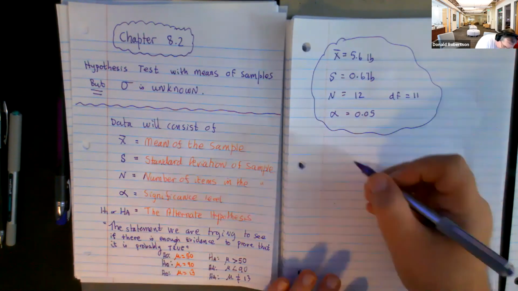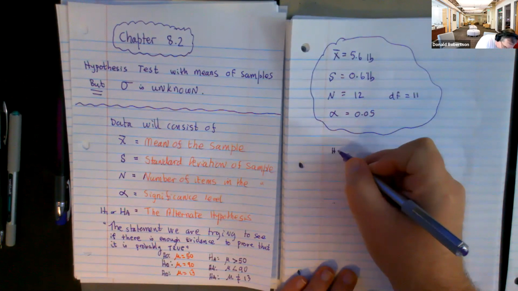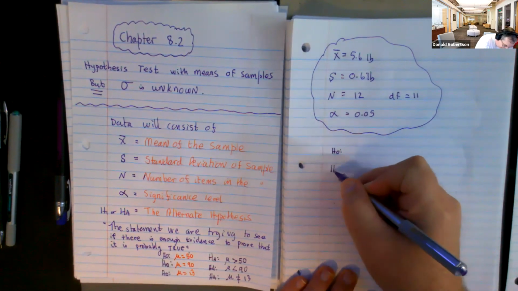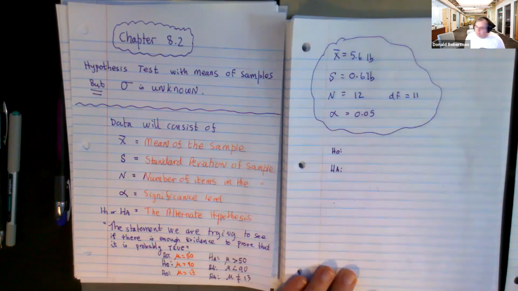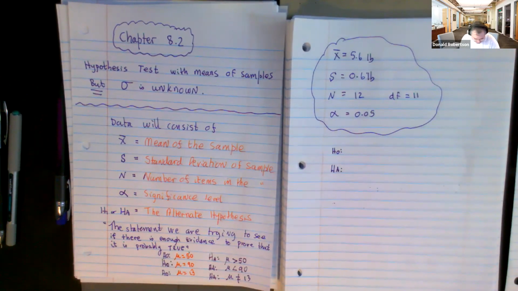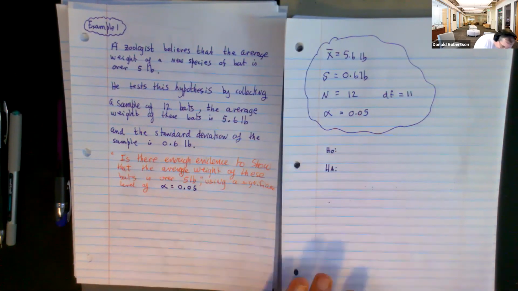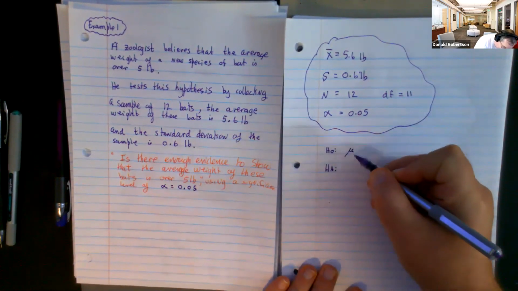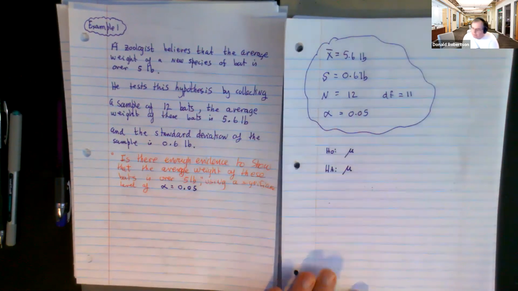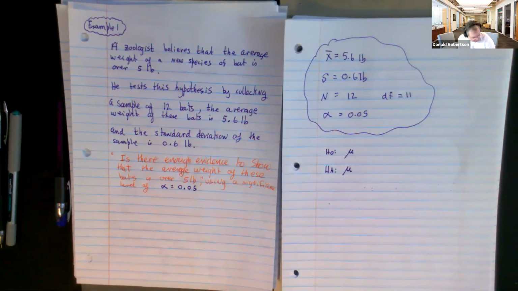Now, you very often get questions that ask you for a null and the alternate hypothesis. In these stories, it's all about the mean, right? It's all about mu.